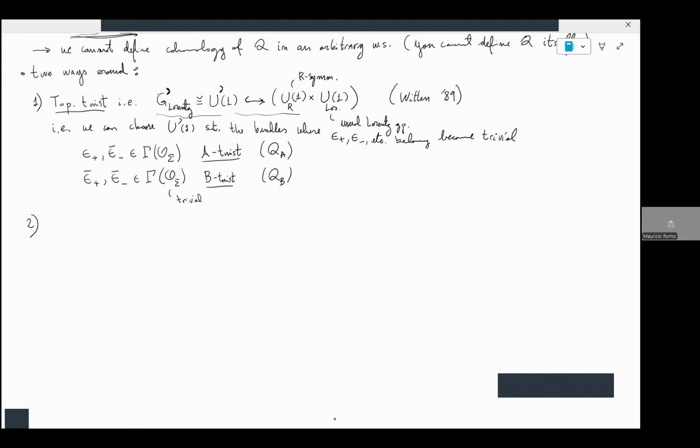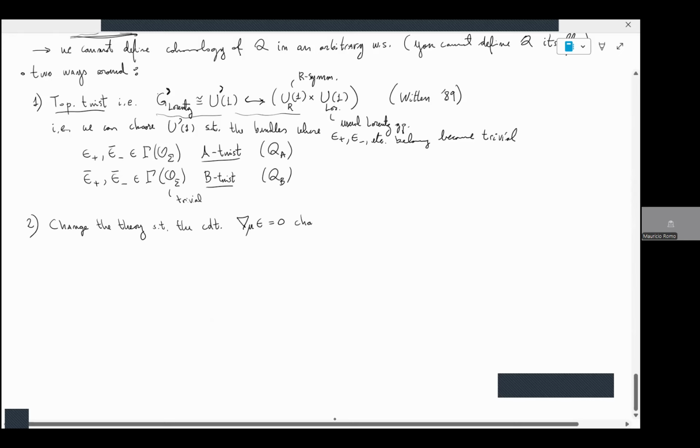You can say, okay, I don't want to really change the bundles, but I want to, the simplest way of putting this in a short way, change the theory such that the condition mu epsilon equal to 0 changes. So that means I deform L, the Lagrangian.